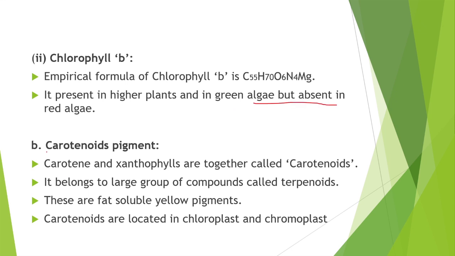Second pigment is carotenoids. Both the carotene and xanthophylls are together called carotenoids. It belongs to the large group of compounds called terpenoids. These are fat-soluble yellow pigments. These carotenoids are located in the chloroplast and the chromoplast of the plastids.